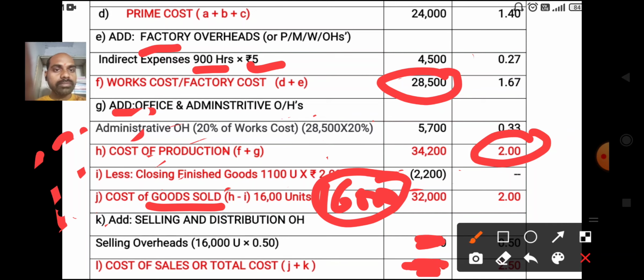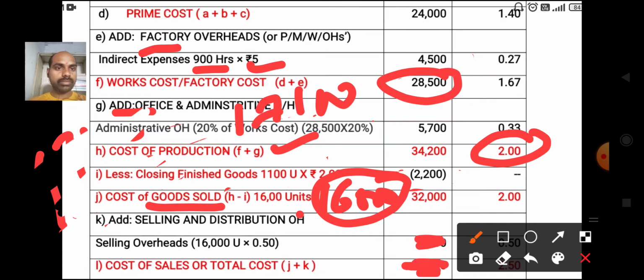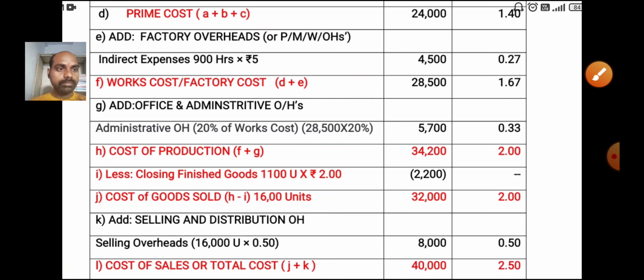Till cost of production we need to divide by 17,100. यहाँ से नंबर ऑफ यूनिट सोल्ड कंसिडर करना है. इससे पहले भी मैंने वीडियो में और क्लास में आपको समझा दिया ये पॉइंट. So let us deal with this. 16,000 units into 0.5, it will be 8,000 rupees. To 32,000 if you add 8,000, your cost of sales or total cost will become 40,000. Okay, hope you have understood till here.